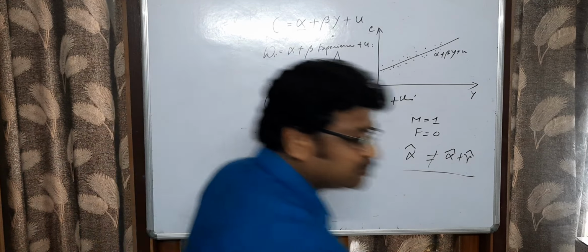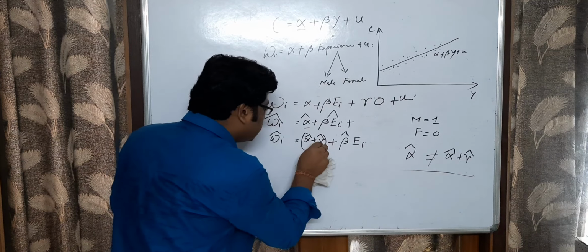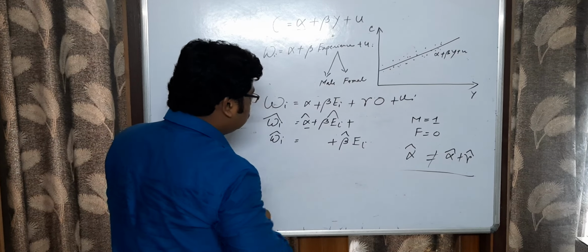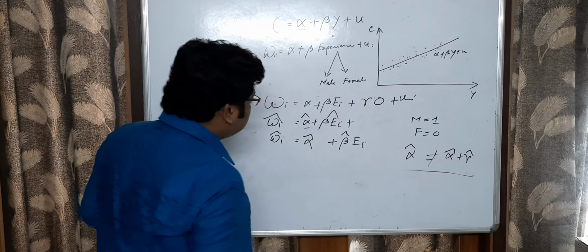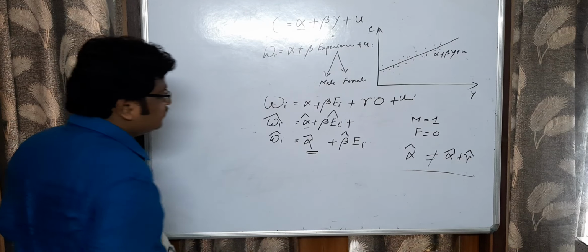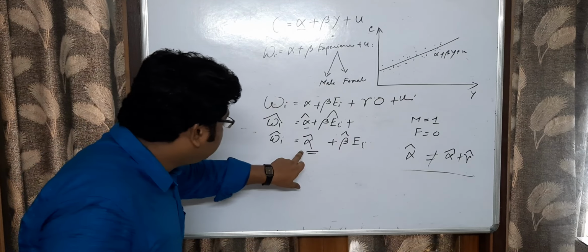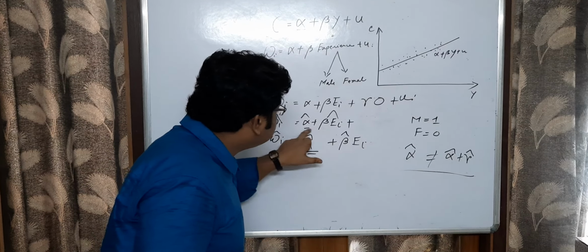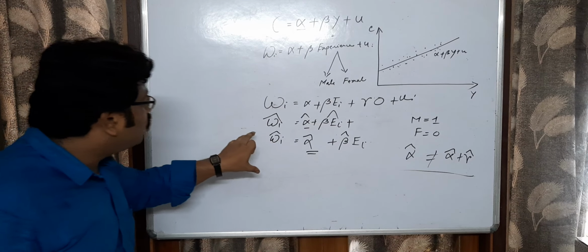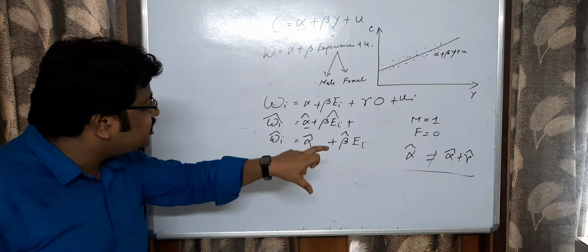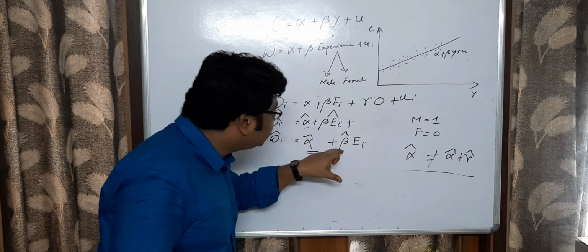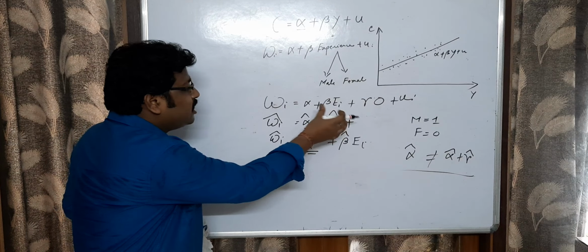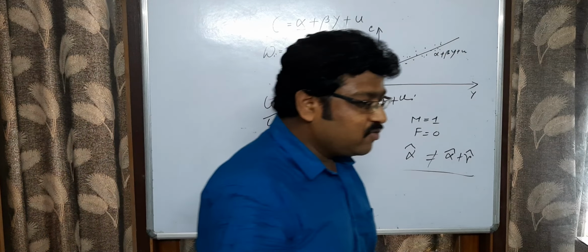So alpha hat is the intercept. This intercept represents the wages if the candidate is female. So in this way, we can use the dummy variable.